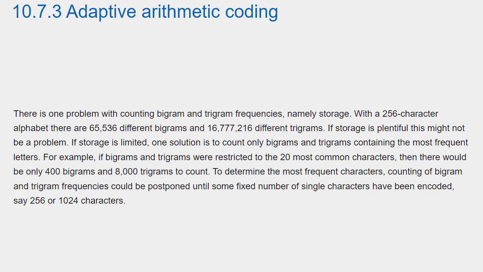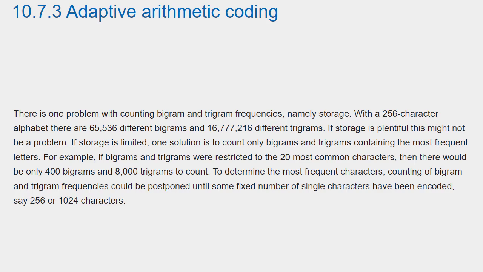There is one problem with counting bigram and trigram frequencies, namely storage. With a 256-character alphabet, there are 65,536 different bigrams and 16,777,216 different trigrams. If storage is plentiful, this might not be a problem.